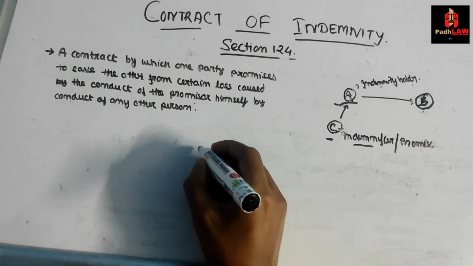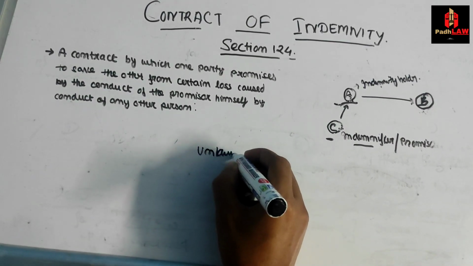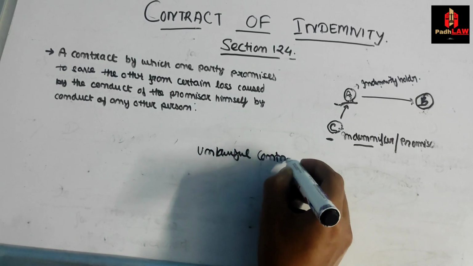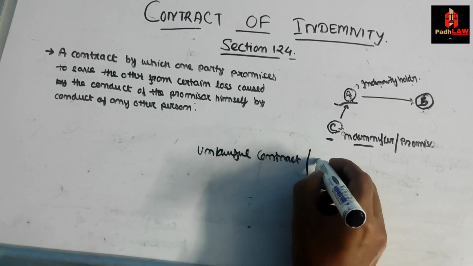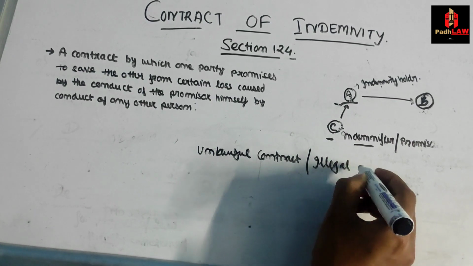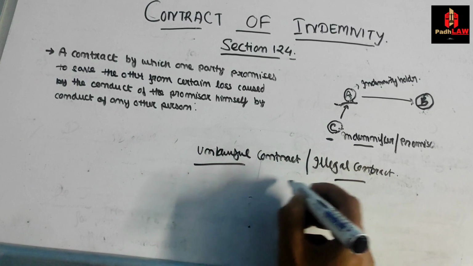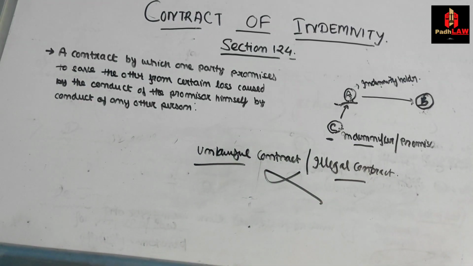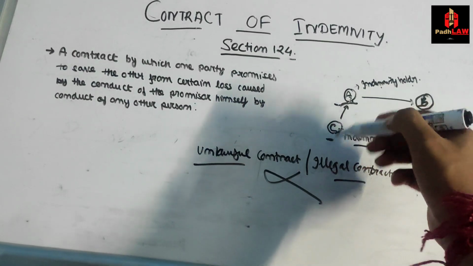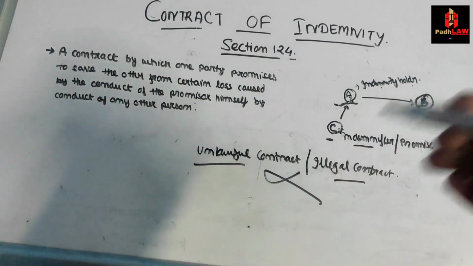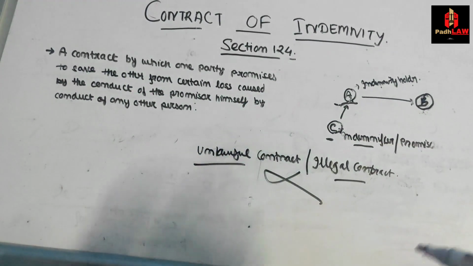Any unlawful contract और illegal contract, ठीक है, this won't come under contract of indemnity. इसमें A won't be able to ask something from C, or there is no indemnity only, because indemnifier होगा ही नहीं, because that contract is an unlawful or illegal contract.